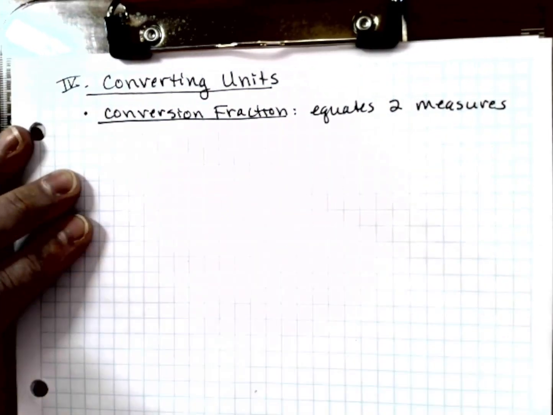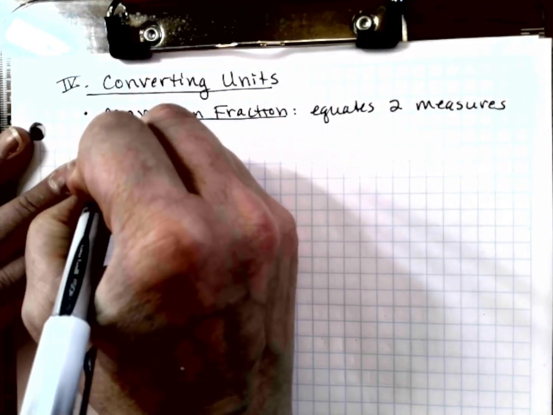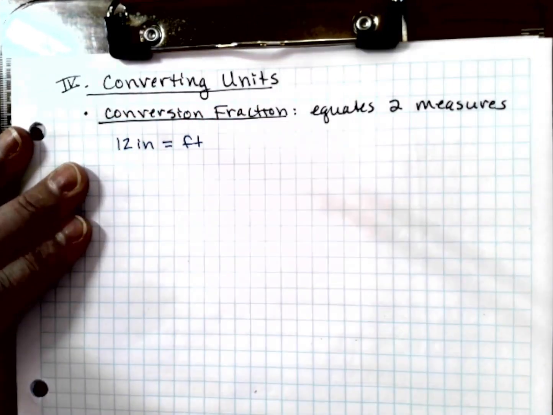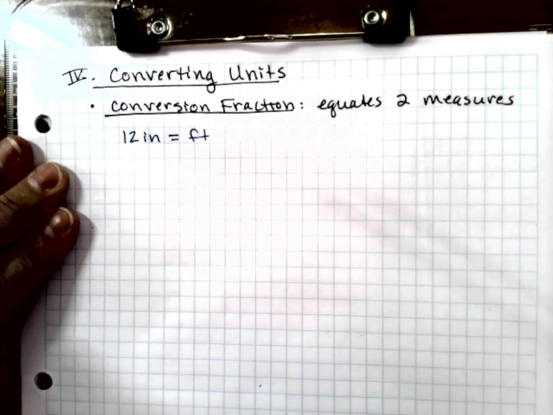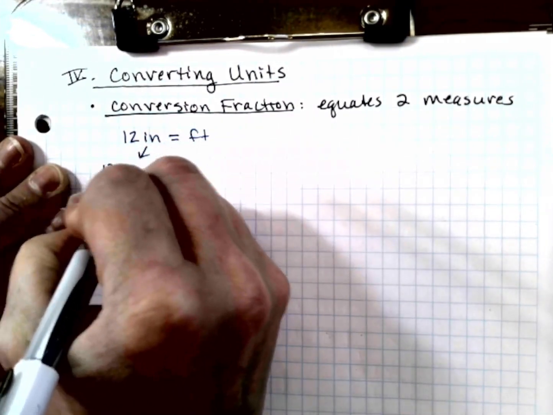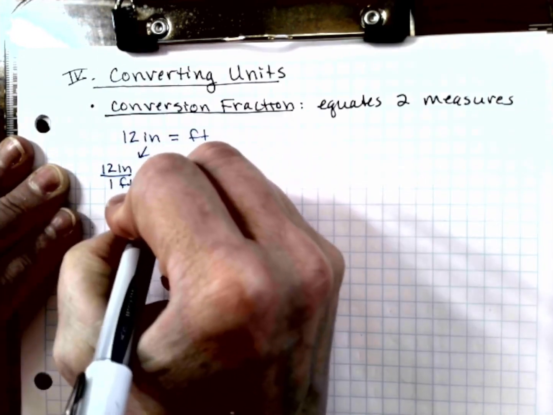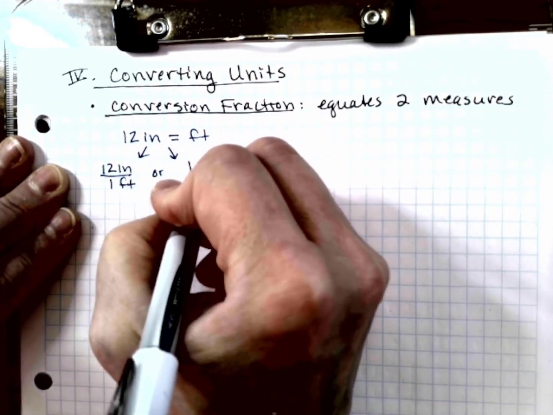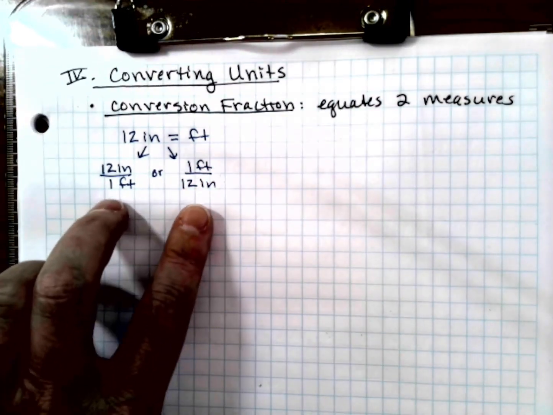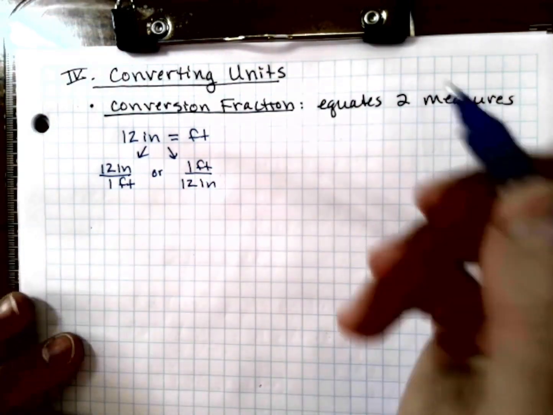So one example of a conversion fraction that I'm sure you know is that 12 inches equals a foot. So your conversion fraction is either going to be 12 inches over 1 foot, or it could be 1 foot over 12 inches. So there's 2 ways you can use this conversion.